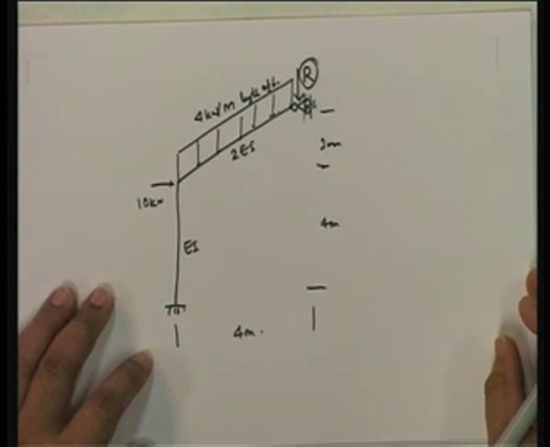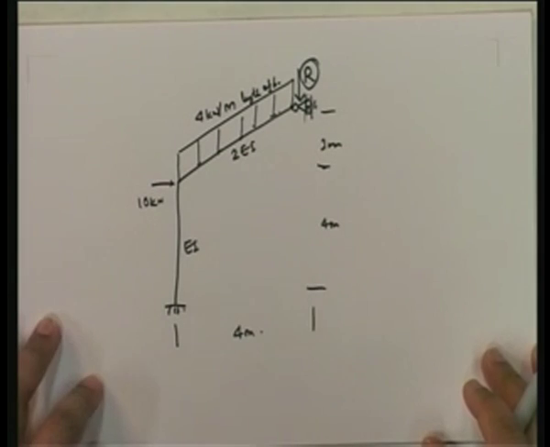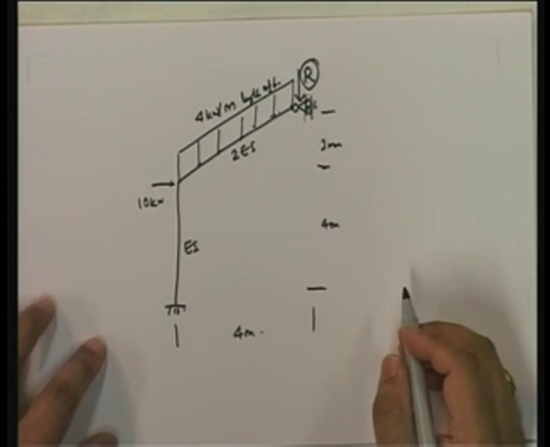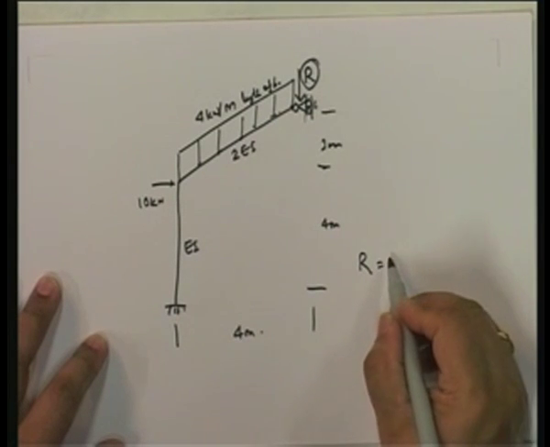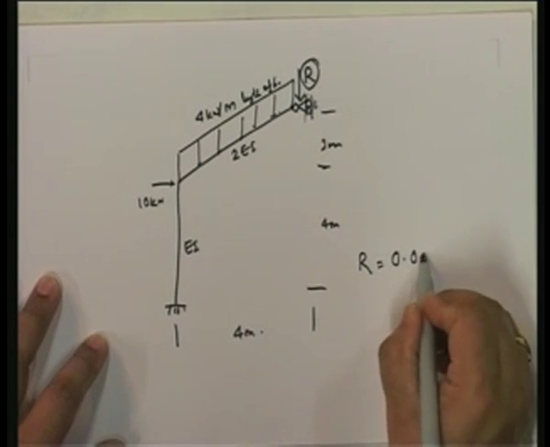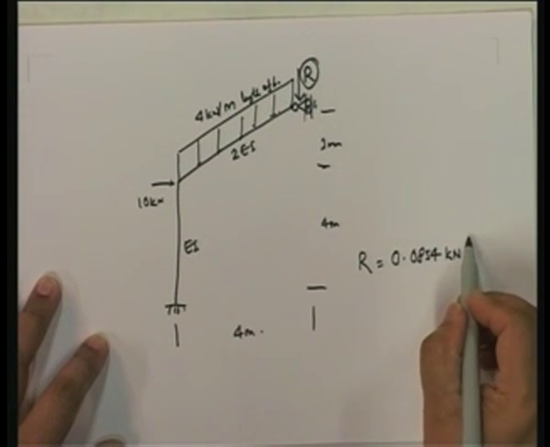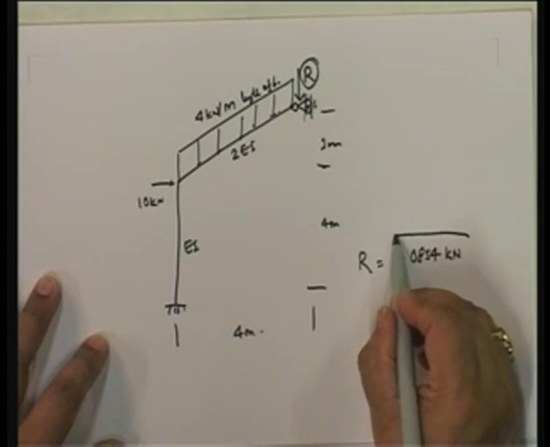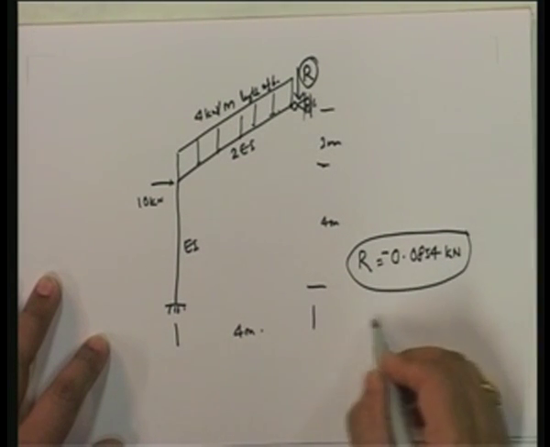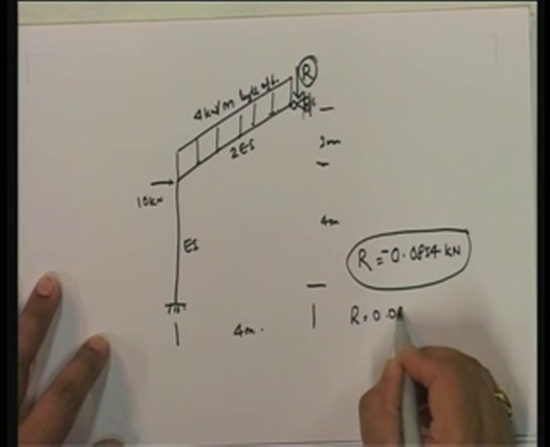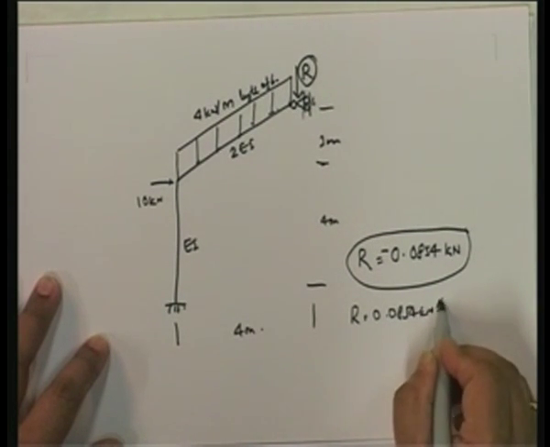Okay, and I'll give you the final answers to this particular problem. When you solve it using the no sway case, you get R equal to 0.0854 kilonewtons. It is actually R equal to 0.0854 kilonewton going up.